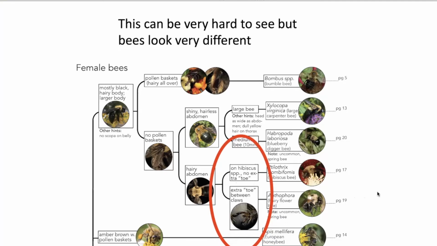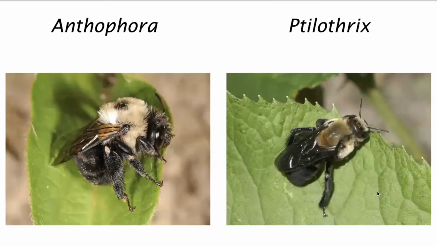And just to demonstrate, here is a picture of the 2 of them. I want to highlight how they look similar, but how they look different, instead of trying to look for the extra toe, which is impossible to see. So this is Anthophora on the left, and then we have Tylotrix on the right. You can see they have very similar coloring. They have this duskyish, yellowish, brownish color on their thorax, and then a black abdomen.